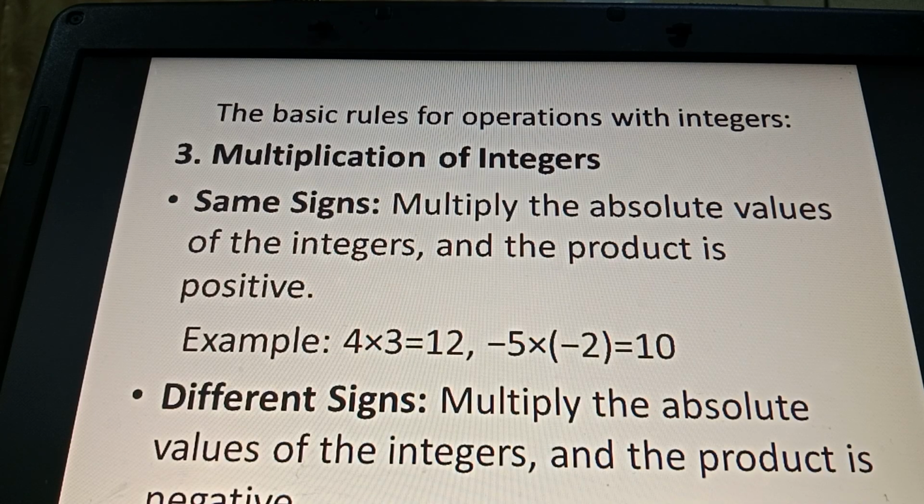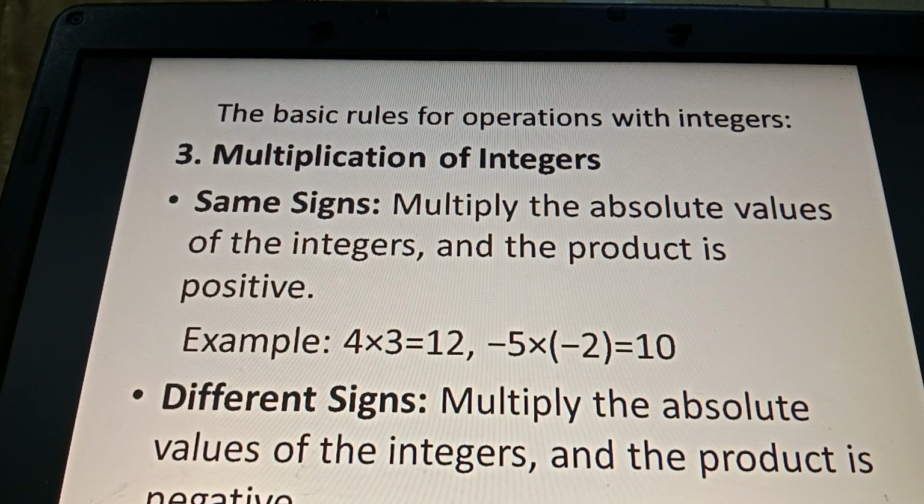Multiplication of integers. Same signs: multiply the absolute values of the integers and the product is positive. 4 times 3, 12. Negative 5 times negative 2, 10. Different signs: multiply the absolute values of the integers and the product is negative. Example, 7 times negative 3.